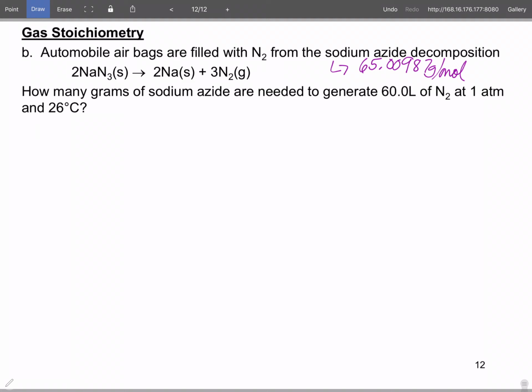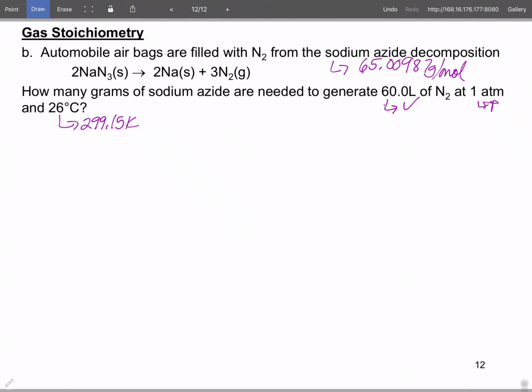How many grams of sodium azide are needed to generate 60 liters of nitrogen at 1 atmosphere? So there's our volume, there's our pressure, here's our temperature, and it'd be 299.15 K. So the question is we need the grams of sodium azide, but we need them from the nitrogen.